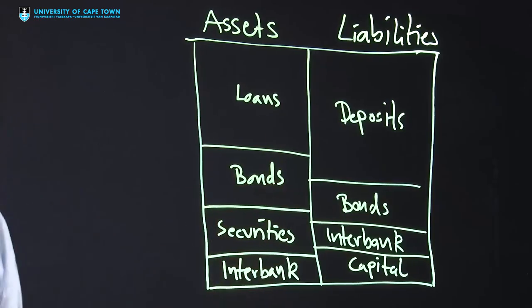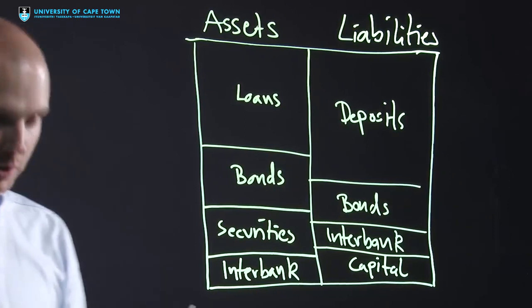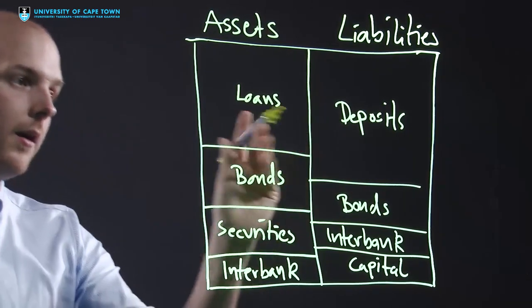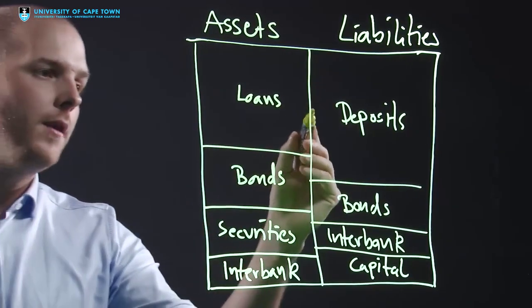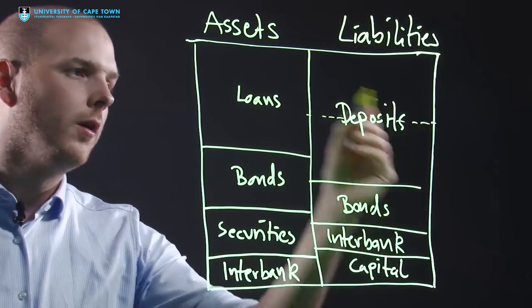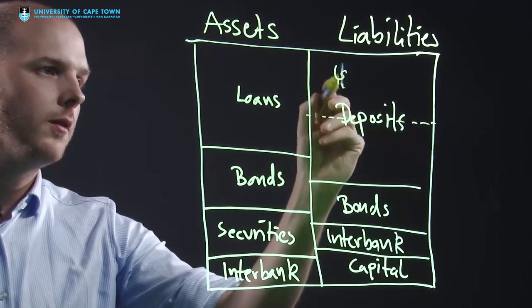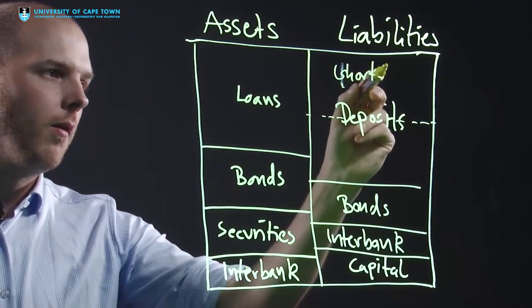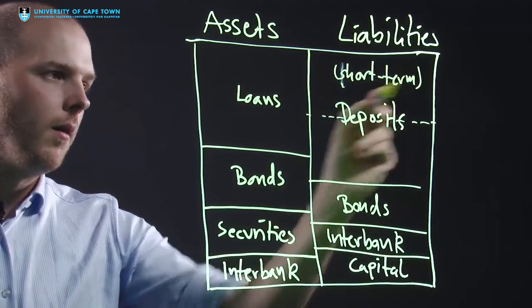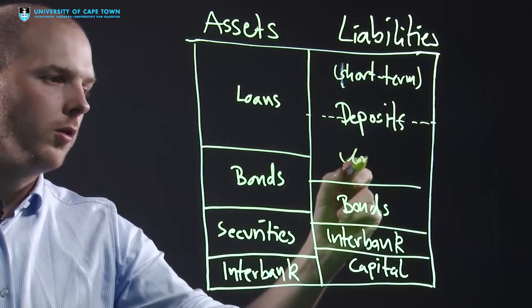So this is the very basic bank balance sheet. We can dig a little deeper, for example, when we split the deposits into some long-term deposits. Let's start with the short-term deposits, and some of the deposits will be long-term.